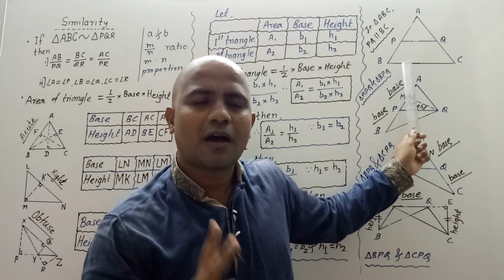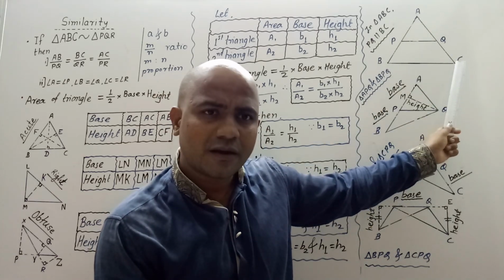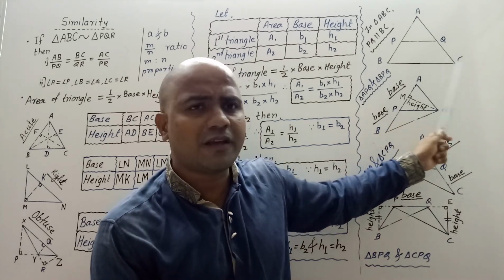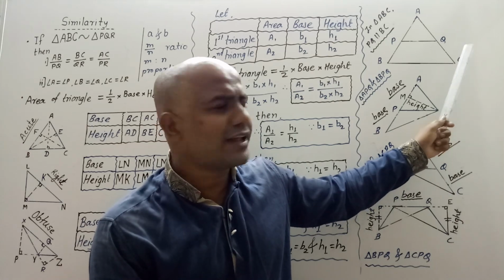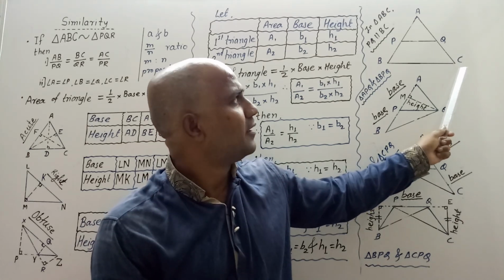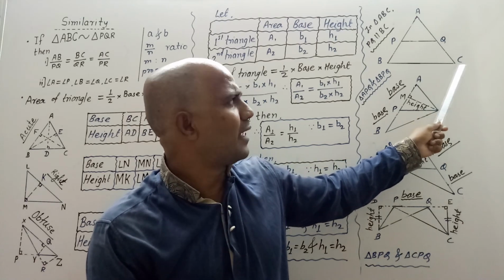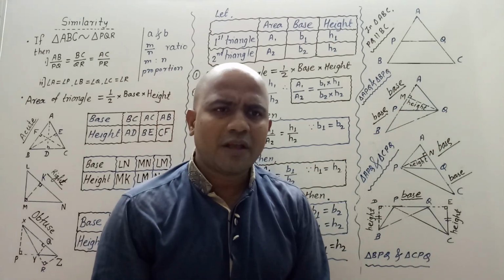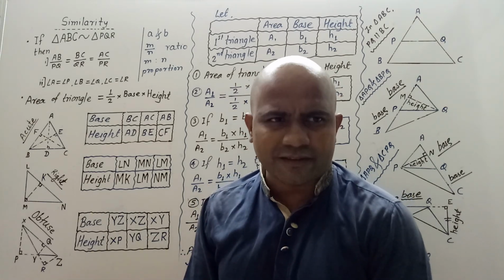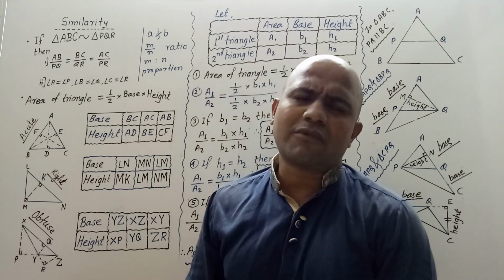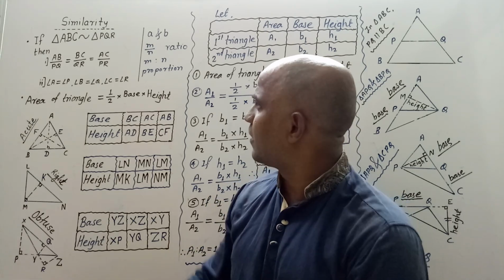Starting from B, another 2 ways are there: triangle BAC, triangle BCA. Similarly, starting with the vertex C, we can write CAB, and also triangle CBA. So we can write the name of any triangle in 6 ways, out of which one correspondence makes these two triangles similar. We'll discuss this in detail further.